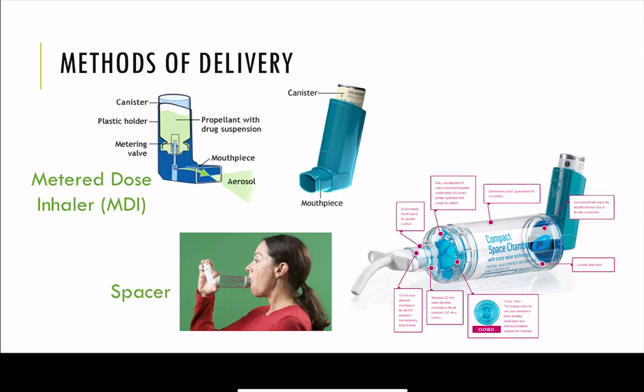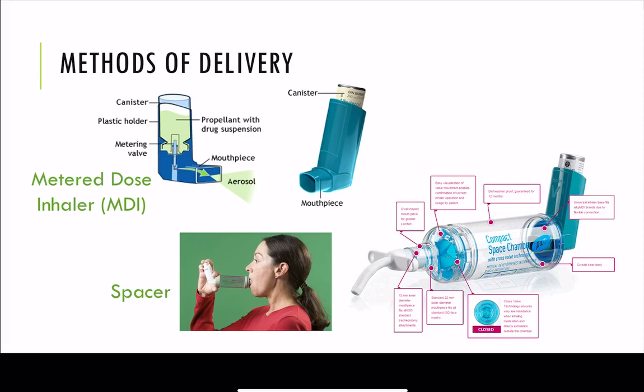So the patient releases the drug via the metered dose inhaler canister into the spacer. And the spacer basically holds that drug as a standing aerosol cloud. From there, the patient can just breathe in from the spacer. There's no coordination required.